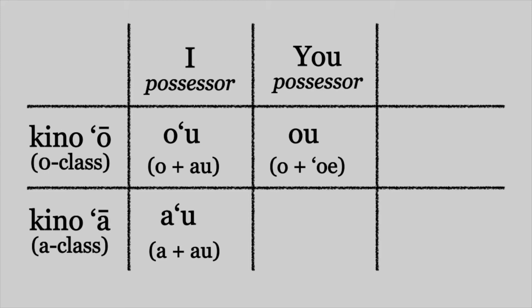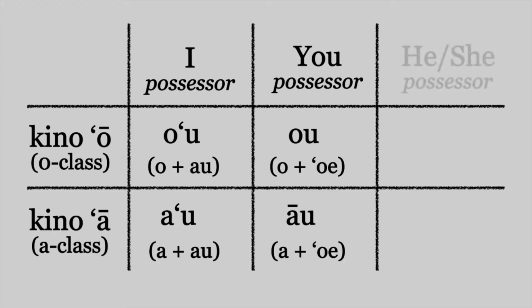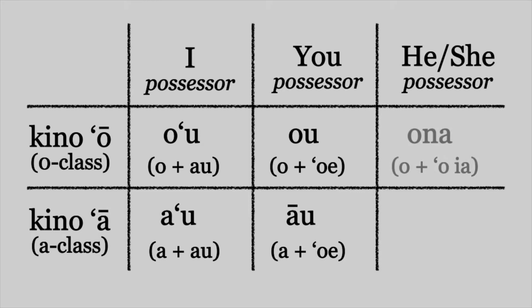If the thing being possessed is an A class object, the possessive a plus the pronoun oe contracts to ao. And finally, when the possessor is he or she, if the thing being possessed is an O class object, the possessive o plus the pronoun oia contracts to ona. And when the thing being possessed is an A class object, the possessive a plus the pronoun oia contracts to ana.